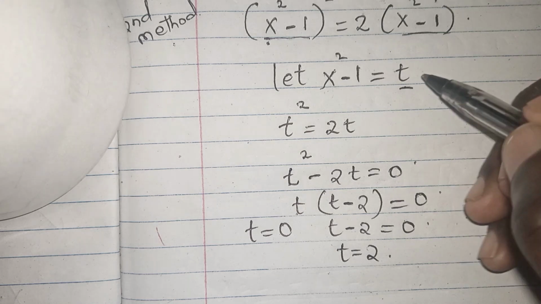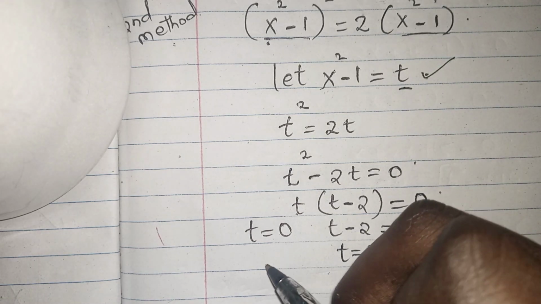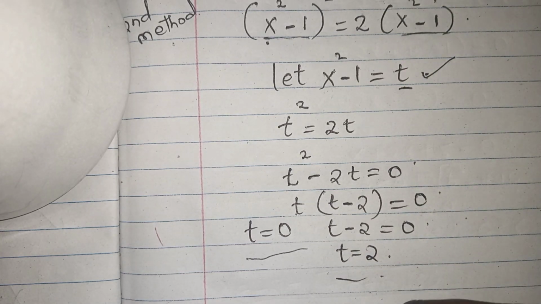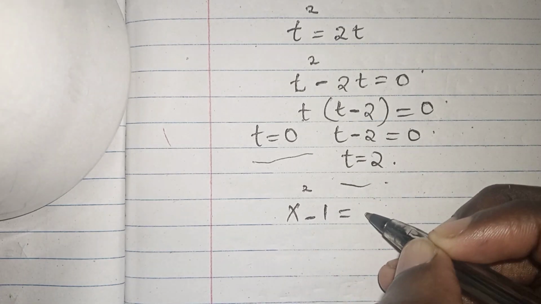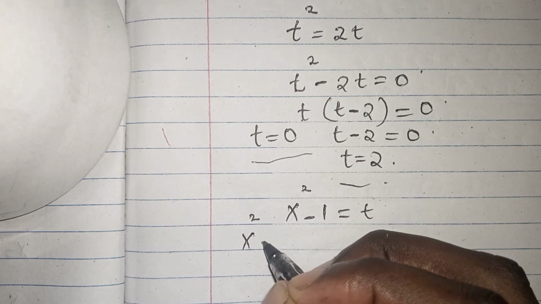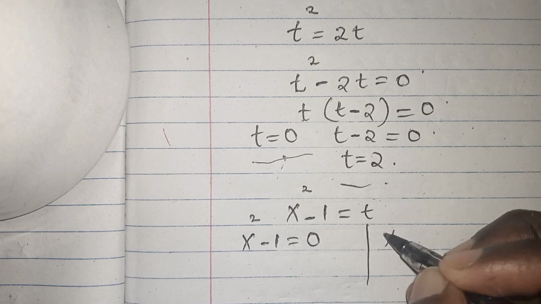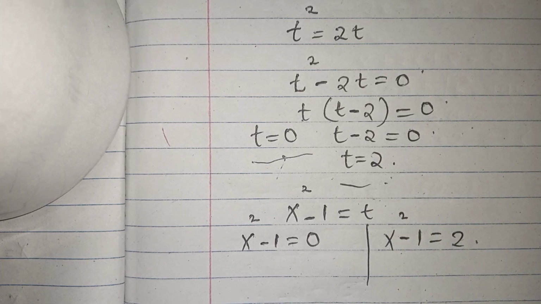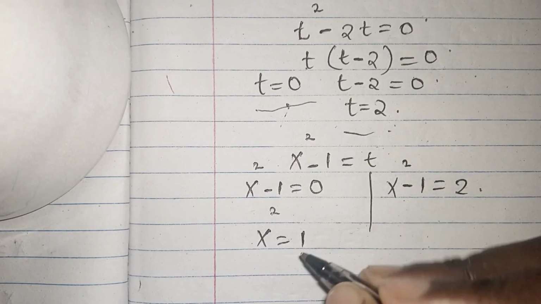But earlier on we had said let x squared minus 1 be equal to t. t is equal to 0 and t is equal to 2. So let us now substitute that. x squared minus 1 is equal to 0 for this case, and x squared minus 1 is equal to 2 for this case.